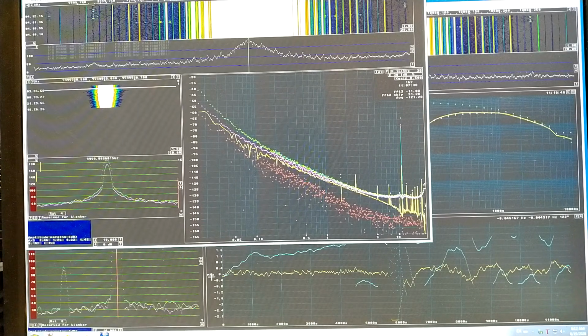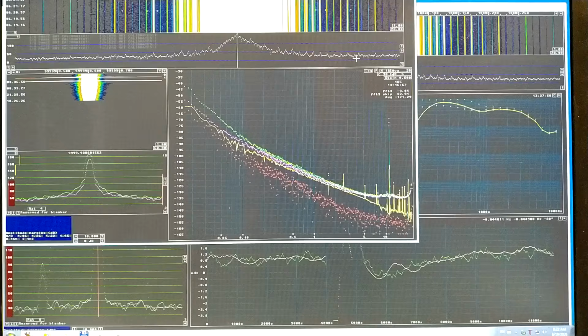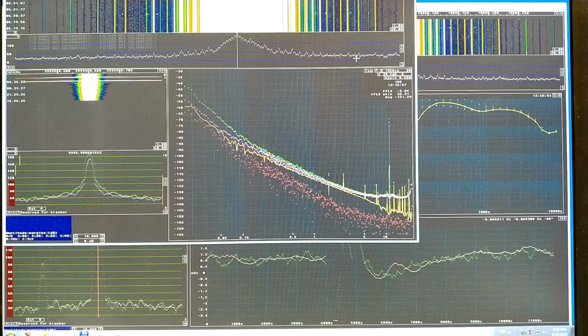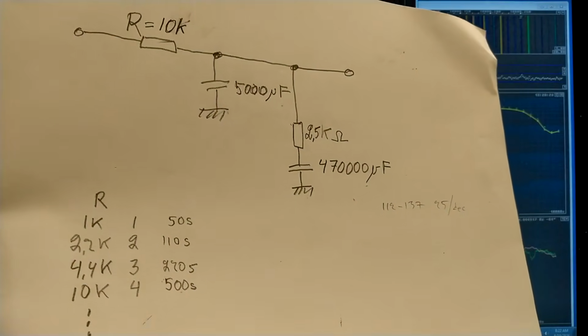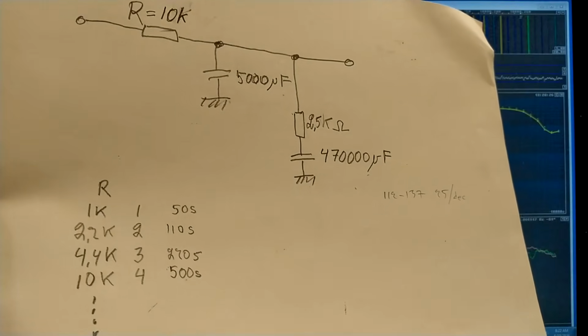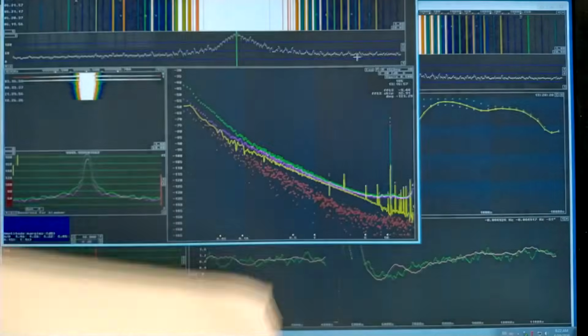So I will increase the capacitance. I now have 2.5 volts on the capacitance diodes, and still the noise is high, as you can see here. Maybe it was a bad idea to reduce that resistor from 10 kilo ohms. I will put it back.